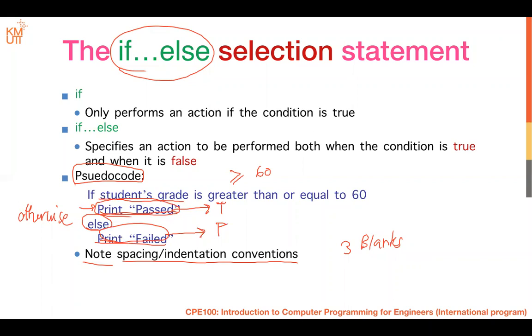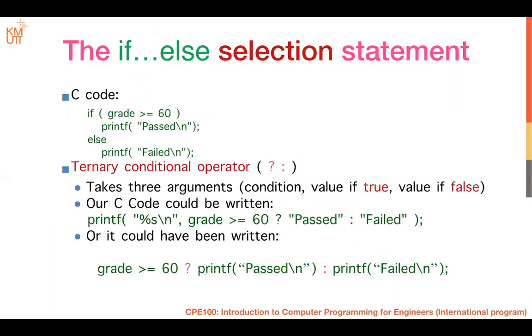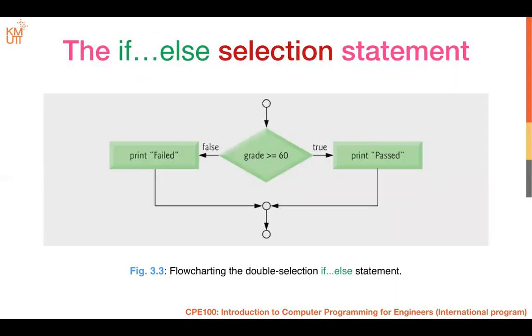Okay, this is a flowchart for the if else statement. If grade is greater than or equal to 60, then true, and then we print passed like this. But if not, otherwise, if grade is less than 60, we go to the left direction and then print failed.